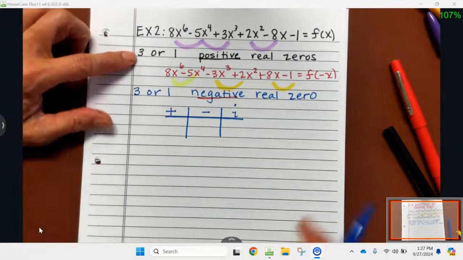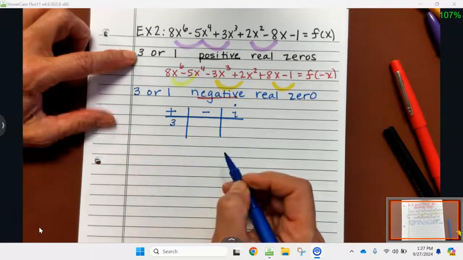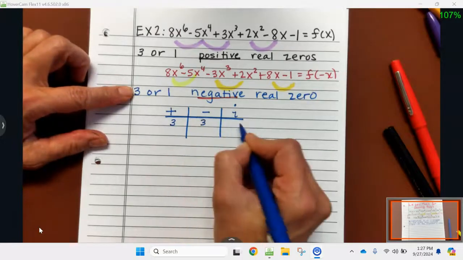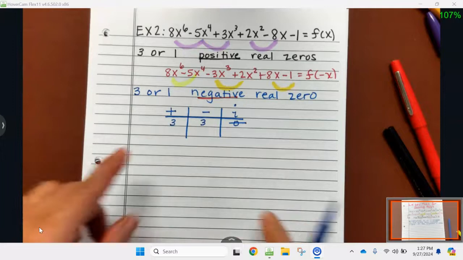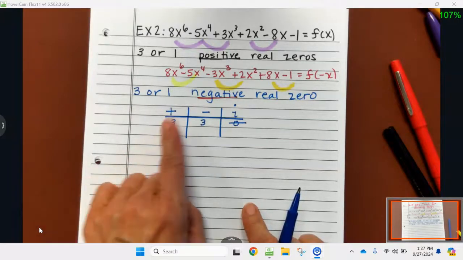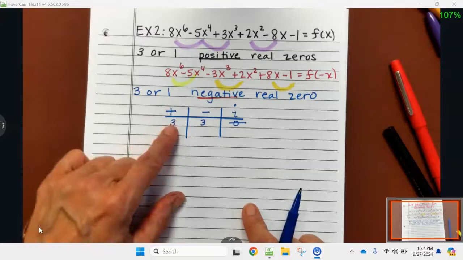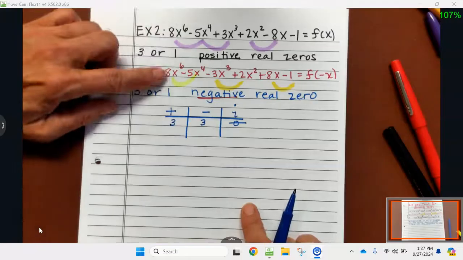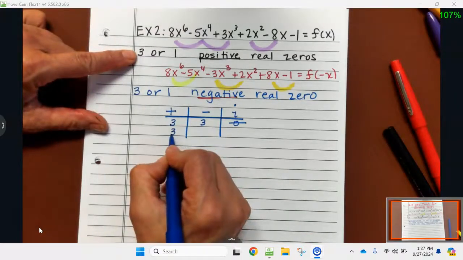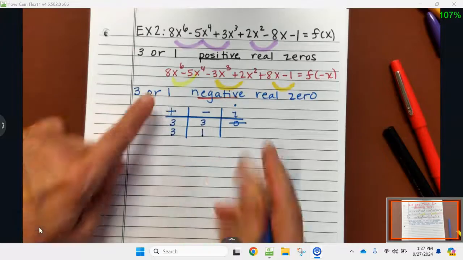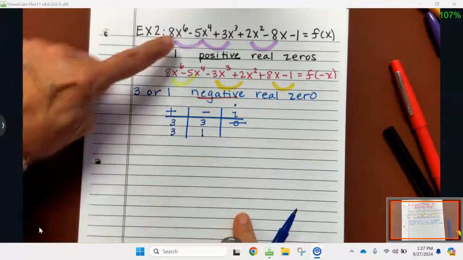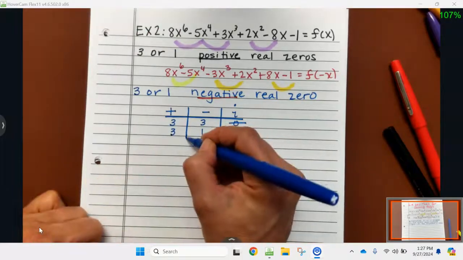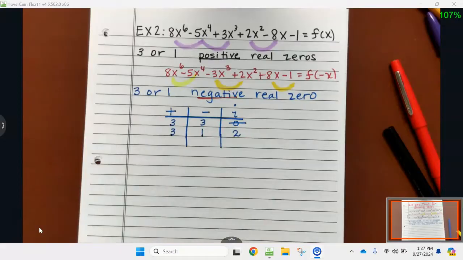So if I have 3 positives, now remember the degree is 6, and if I have 3 negatives, then I won't have any imaginary, because 3 positive plus 3 negative would equal the degree. Now, what if I had 3 positives and 1 negative? Now 3 plus 1 is 4, but the degree is 6, which means there would be 2 imaginary.